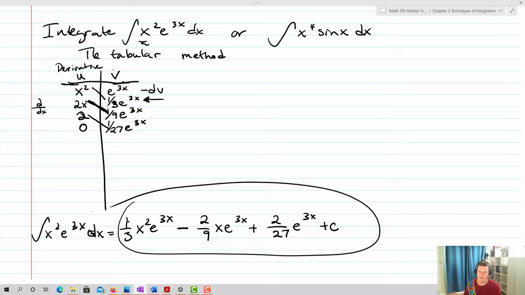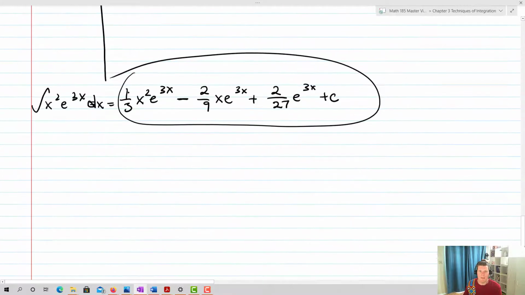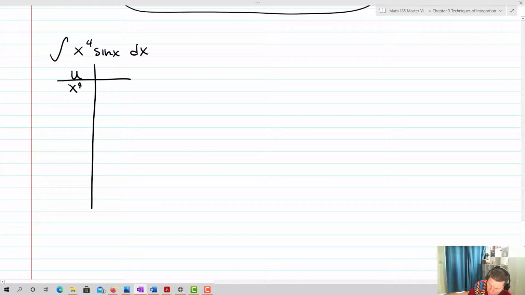Let's do it with x to the 4th sine x. What you'll notice is that this one's going to save us a lot of time. We've got the integral of x to the 4th sine x dx. I'm going to let u be my power of x, so that's x to the 4th, and v is going to start out at sine x dx.